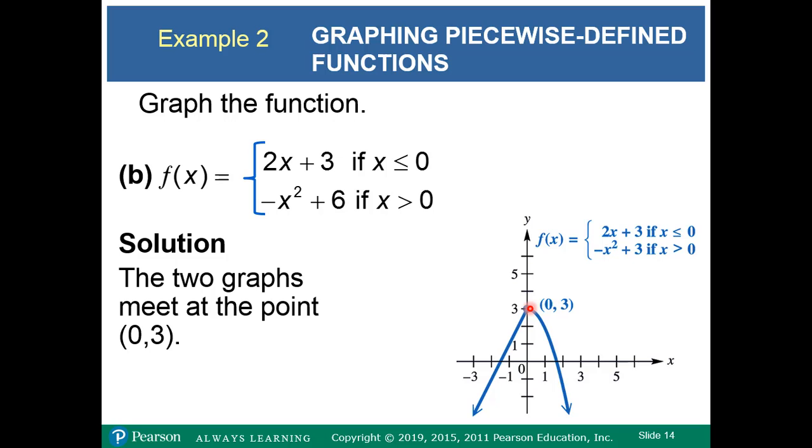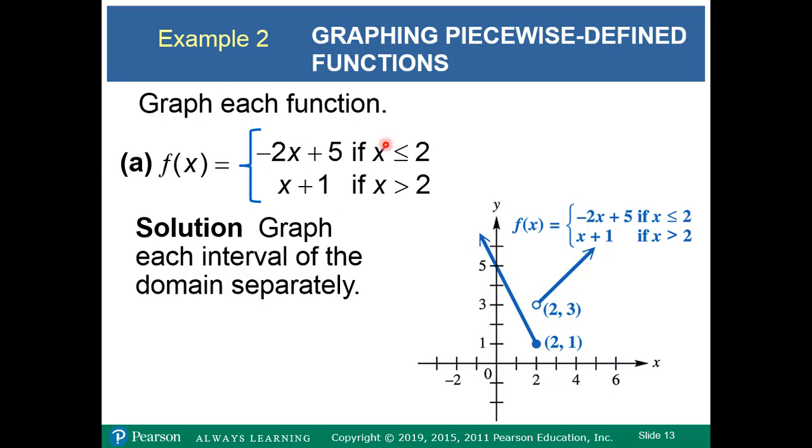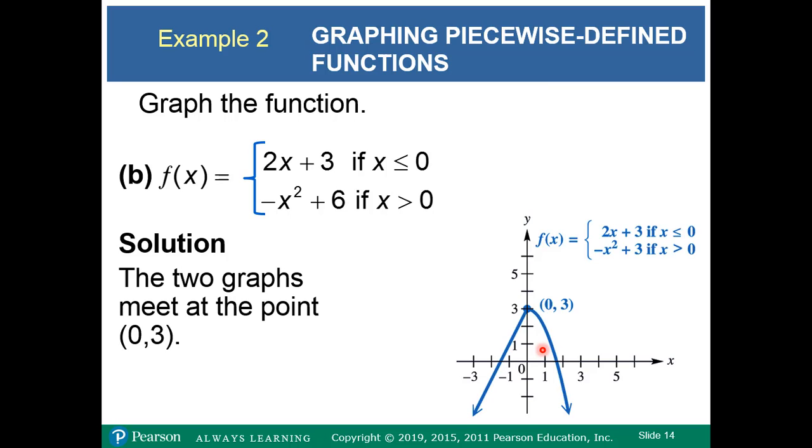Notice that in this case here, it was not continuous at 2. But from negative infinity all the way to 0, it behaves like this line with a slope of 2 and a y-intercept of 3. And this one behaves like a parabola that also has a y-intercept of 3.